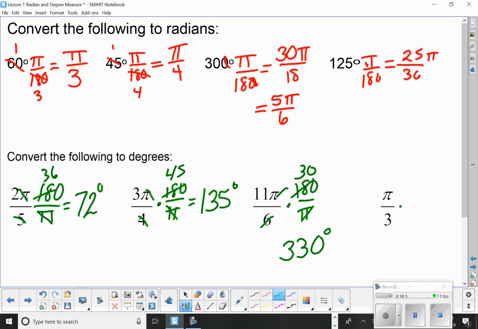Pi over 3 times 180 over pi. Pi's cancel. 3 will go into 180 60 times, so pi over 3 is 60 degrees. Converting between degrees and radians, it's just another way of representing an angle. It's a different measurement.